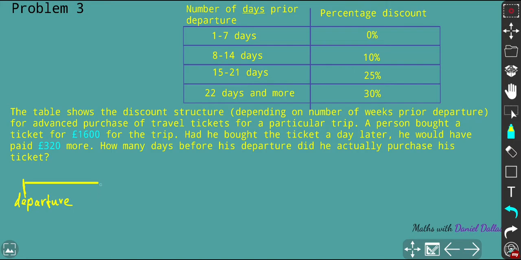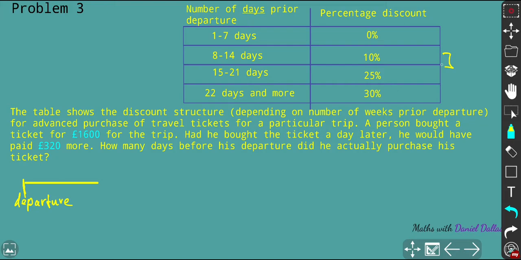All right, so the key sentence, as I said, is this one: had he bought the ticket a day later, he would have paid 320 more. Obviously this sentence indicates that he bought at the boundary, somewhere in between the gap in discounts.